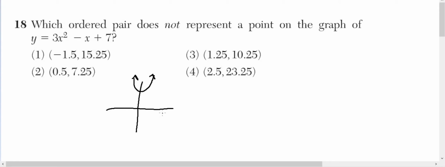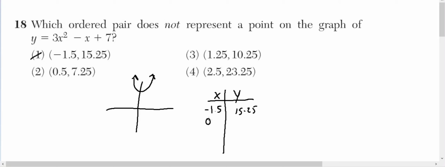And we want to press trace and then plug in each value for the input and compare that to the options for the output. So plug in negative 1.5. I get 15.25. So that means that choice 1 is on the graph, so we can eliminate it from contention here.